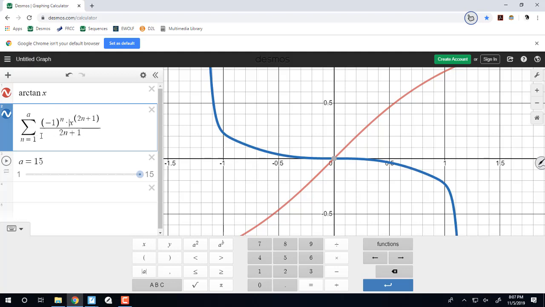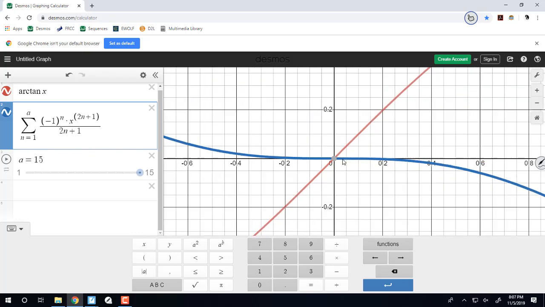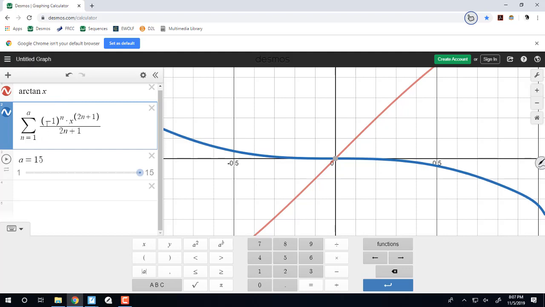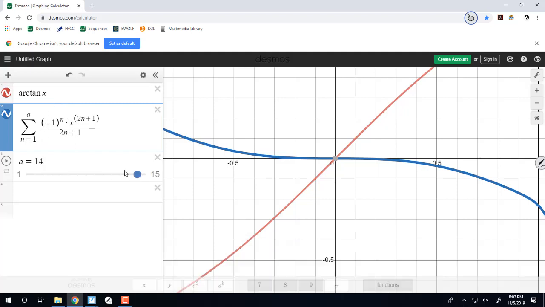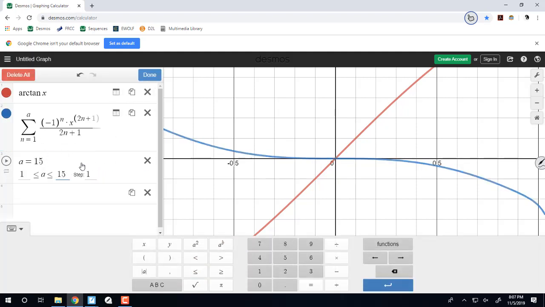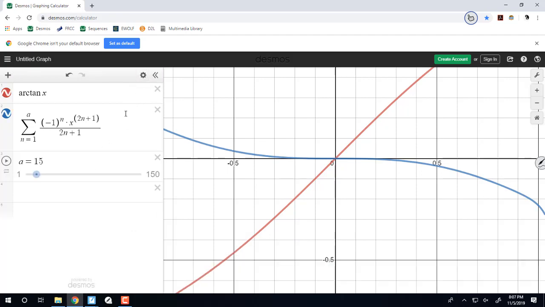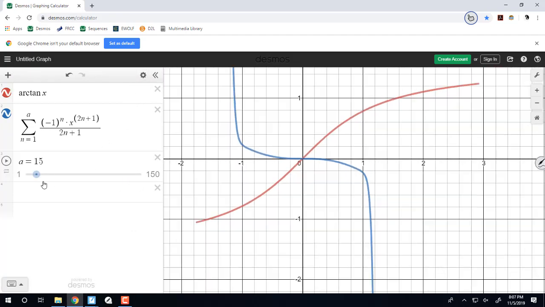I'm not sure why it is doing that. Let me try more terms here. I don't think this will do a whole lot of terms. Okay, so we can't go out far enough, I don't think.